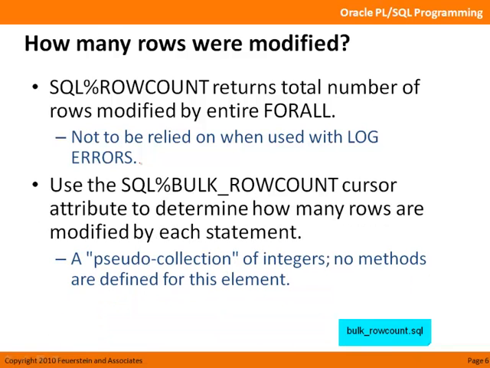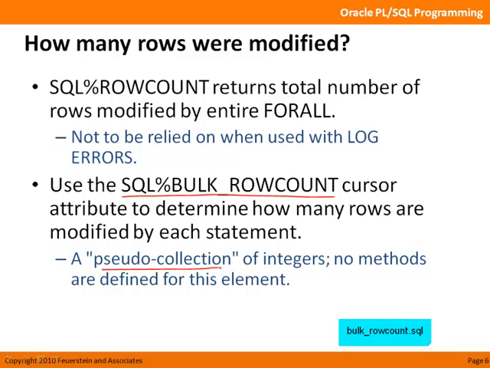Well, that might not be all the information you need. My FORALL statement might have executed 10 individual DML operations, and I need to know how many rows were modified by each individual operation. And for that, we have the SQL%BULK_ROWCOUNT cursor attribute, which is actually a pseudo collection. It looks like and acts a bit like a list of integers. It's called a pseudo collection because Oracle creates it for us.